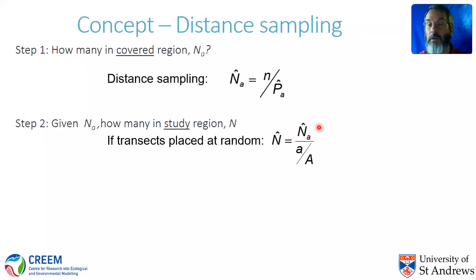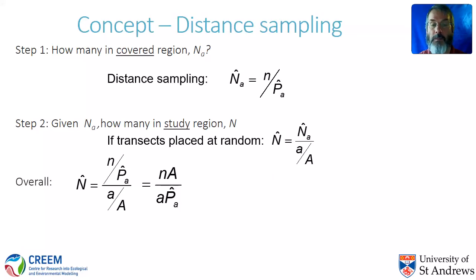So that's how we produce our estimate of the number of animals inside the covered area. Given the estimate of the number of animals inside the covered area, we produce our estimate of animals in the entire study area by scaling the number in the covered region by the proportion of the study area we visited. This formula you've seen before on the previous slide.